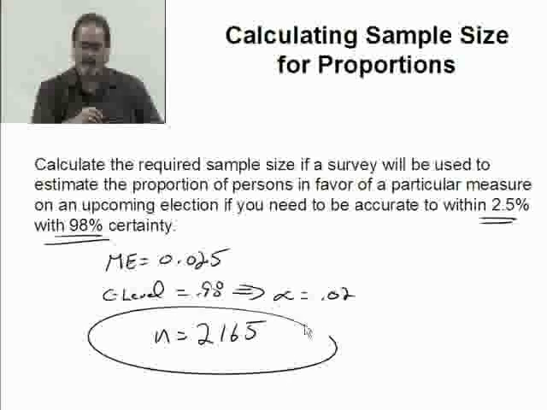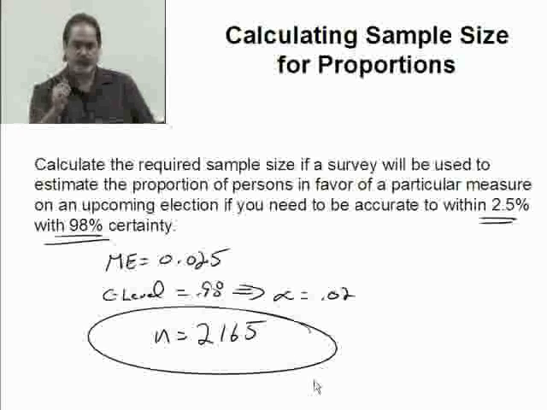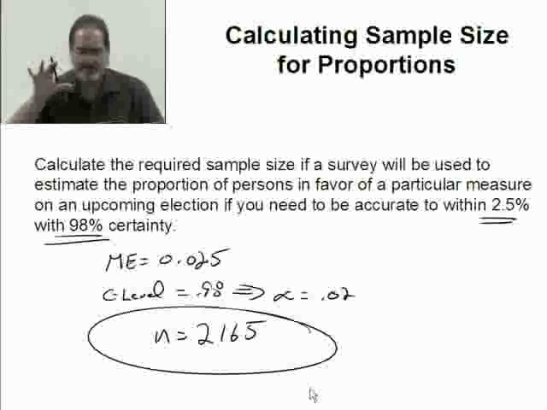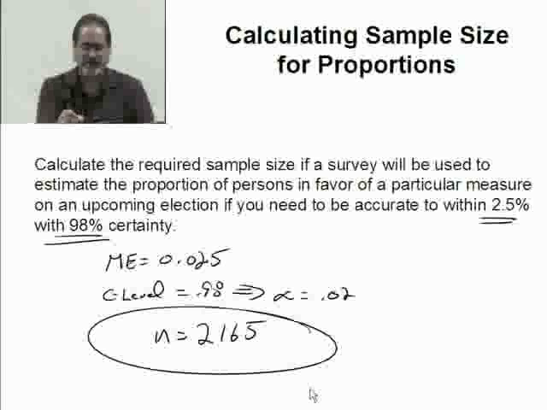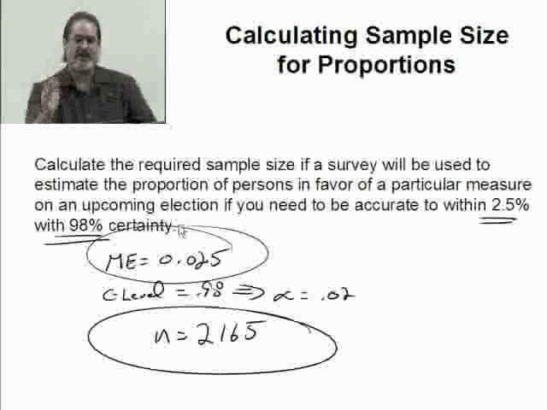That's how big of a sample that I need to get to ensure, to be certain that when I actually go ahead and calculate my sample proportion and I build that confidence interval, that the margin of error will be no bigger than 0.025. If, in fact, my sample proportion turns out to be 0.5, my margin of error will be exactly 0.025.